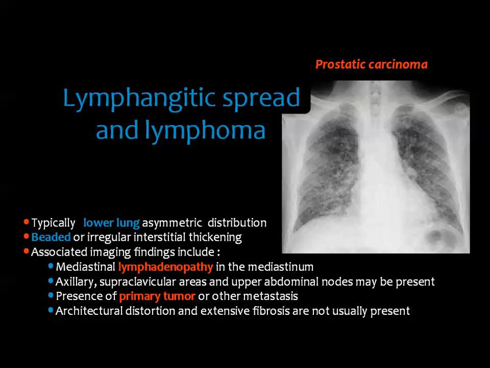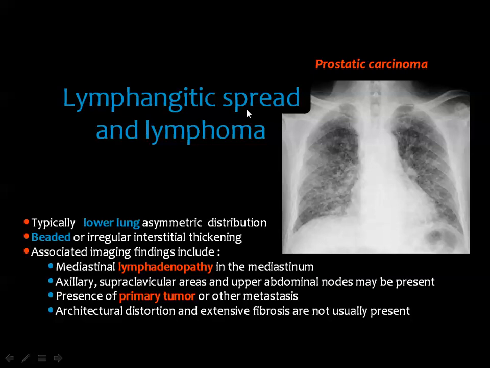Then we passed to collagen-related interstitial lung disease, and we provided examples of scleroderma and rheumatoid arthritis. Then we mentioned end-stage sarcoid affecting the pulmonary parenchyma. Then we discussed drug-related interstitial lung disease, and we came to lymphangitis carcinomatosa.